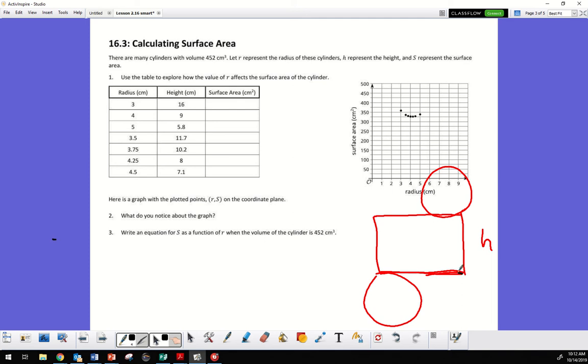That'd be the same as saying the circumference. So this value right here would be the circumference. And the circumference of a circle is going to be 2 pi r.